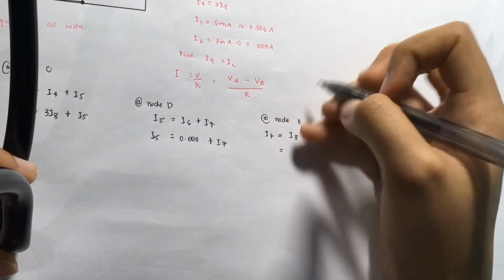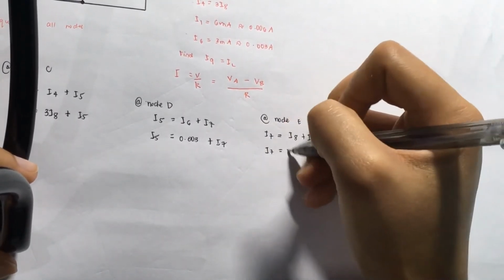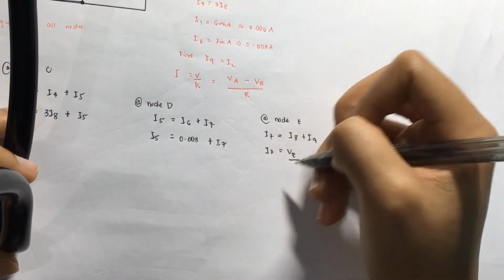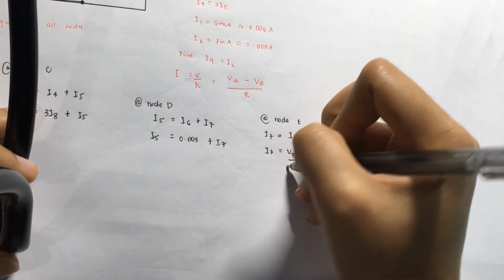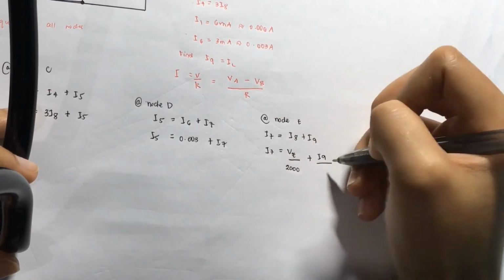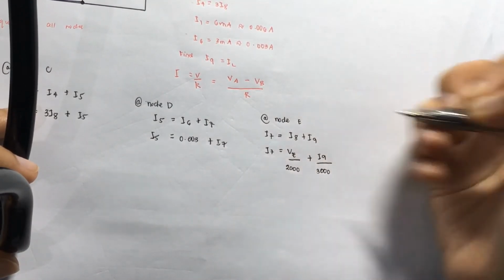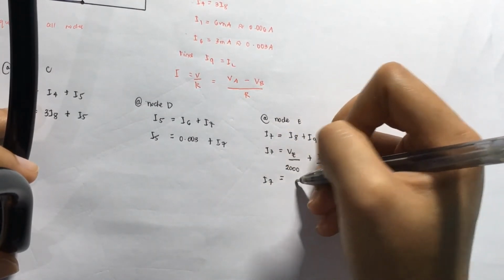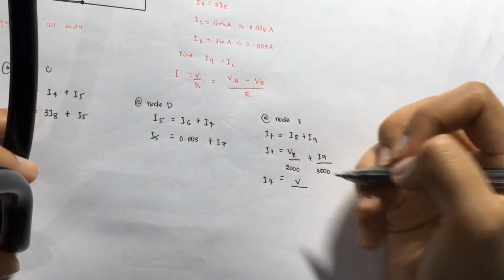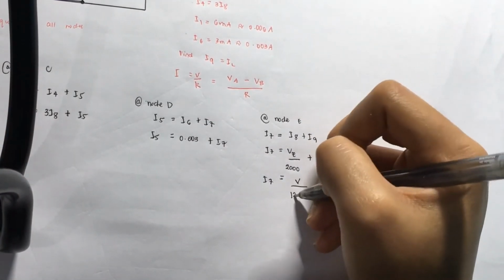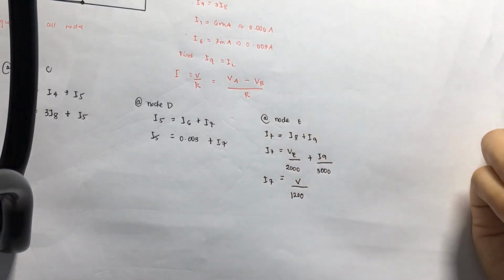So I8 is VE over its given resistance, which is 2,000, plus I9, which is given as 3,000. So we simplify this, and it becomes 1,200.